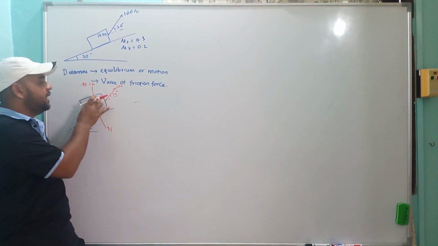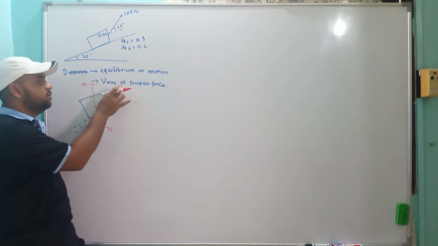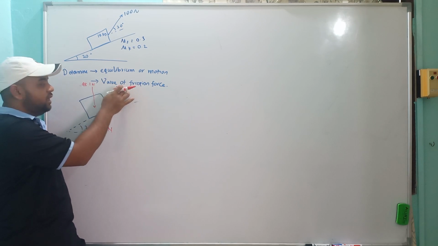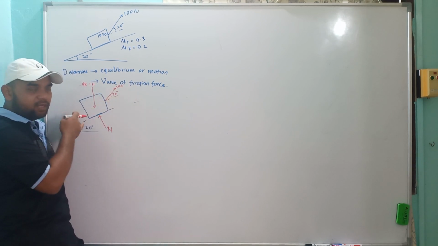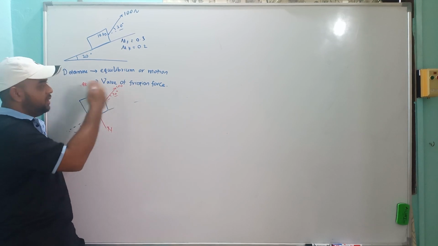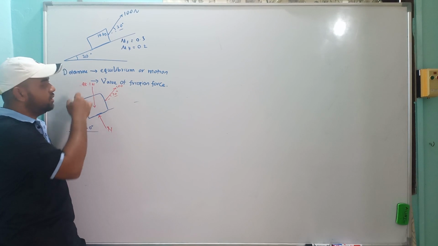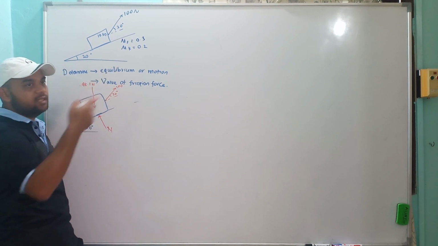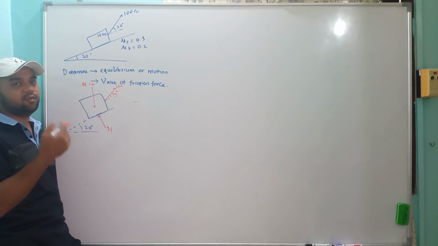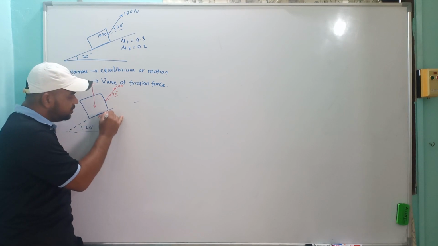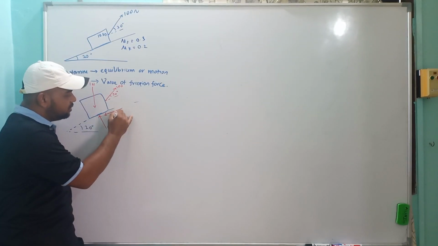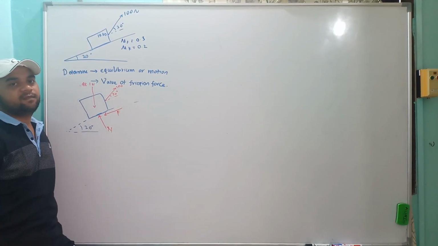If the mass of this component is much more than this force, the component will move downward and you will put the friction upward. But in this case, maybe this is 100 Newton, this is 98 Newton, so maybe the component will move upward. So let's consider the component will move upward, so there will be a friction going in the opposite direction, downward, F friction.